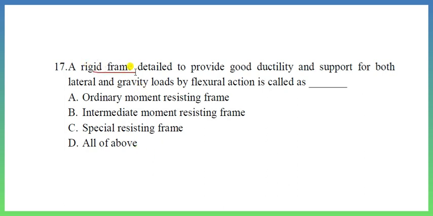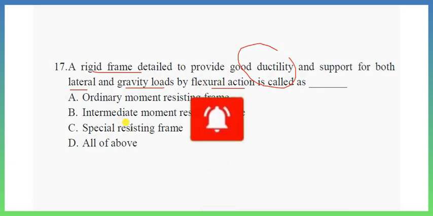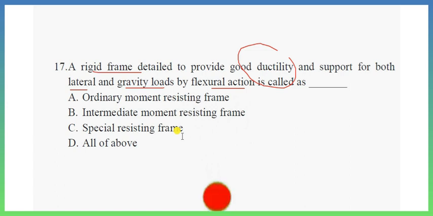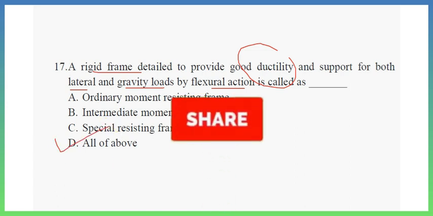So in rigid frame, for the good ductility and to support the lateral and gravity loads by the flexural action, we need the ordinary moment resisting frame, intermediate moment resisting frame, and special moment resisting frame also. So option D is the correct answer.